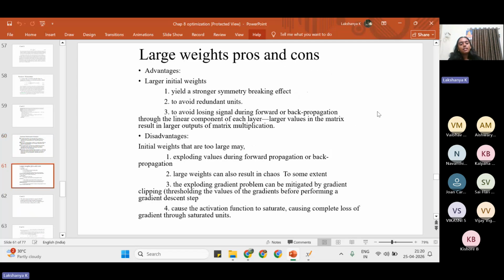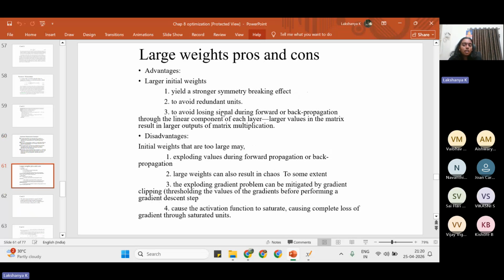Okay. So next thing is large weights. When you're initializing, should we go for larger initial values of weights or smaller weights? That's the question. Again, they're not giving us a direct answer saying this is better or that is better. It depends on a case to case basis. If you have larger weights, your vanishing gradient problem will not be there.